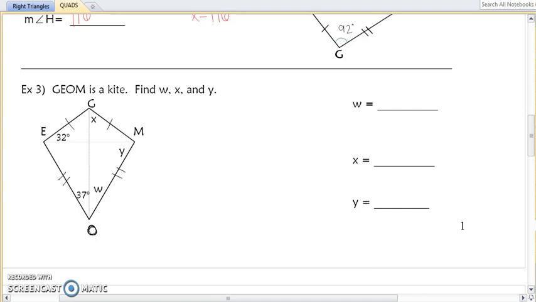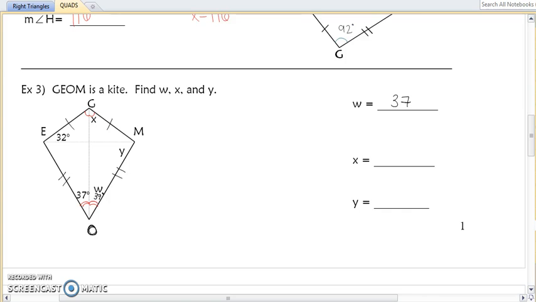Our vertex angles are the ones that are bisected. So we know each of these parts are congruent. Cool. So with that information, we can also conclude what the measure of the angle W is. Angle W, right, is that one bisected angle. So W is 37.